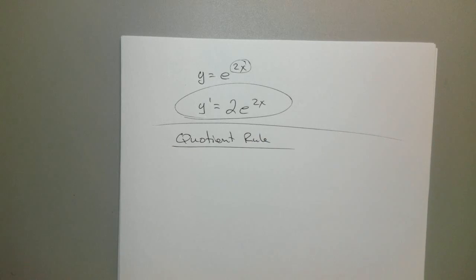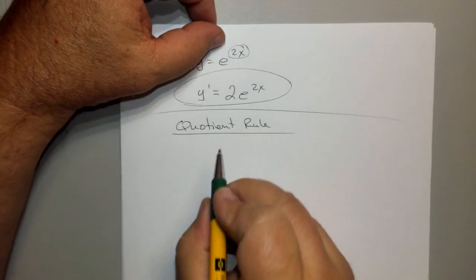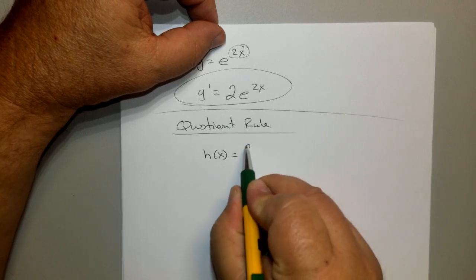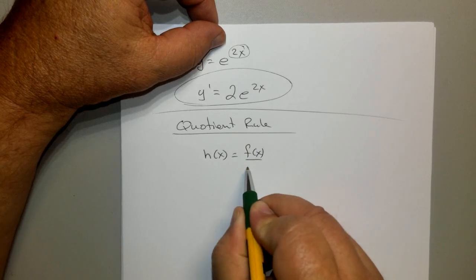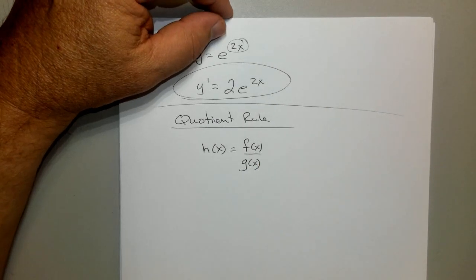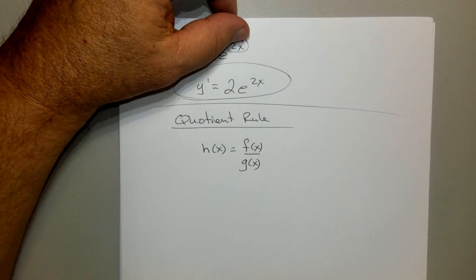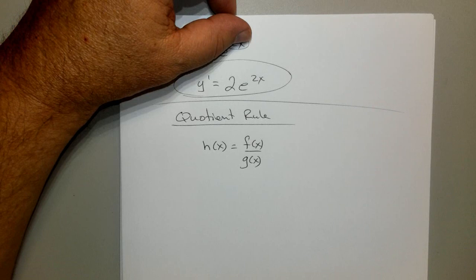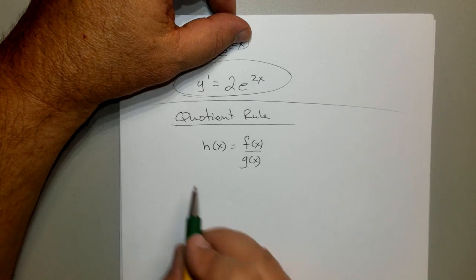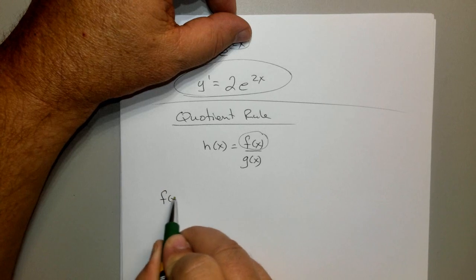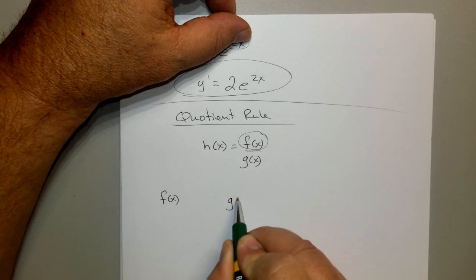The quotient rule. h of x equals f of x over g of x. Remember, whatever the functions are, you have f of x and then g of x.